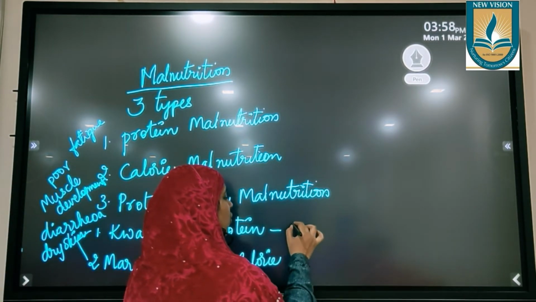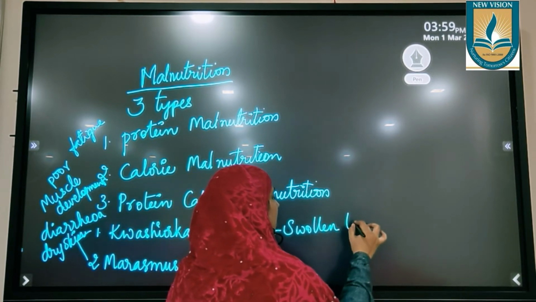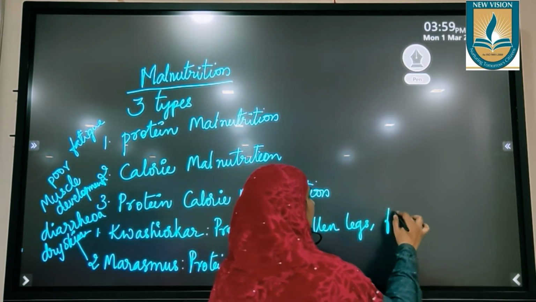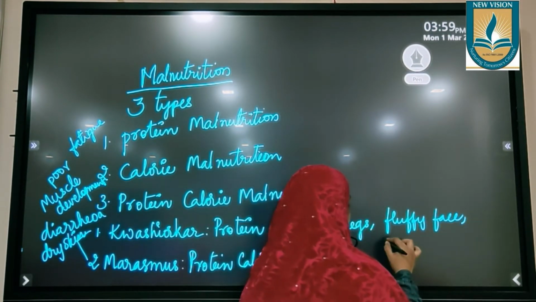In case of kwashiorkor, there are swollen legs, a fluffy face, and difficulty eating.